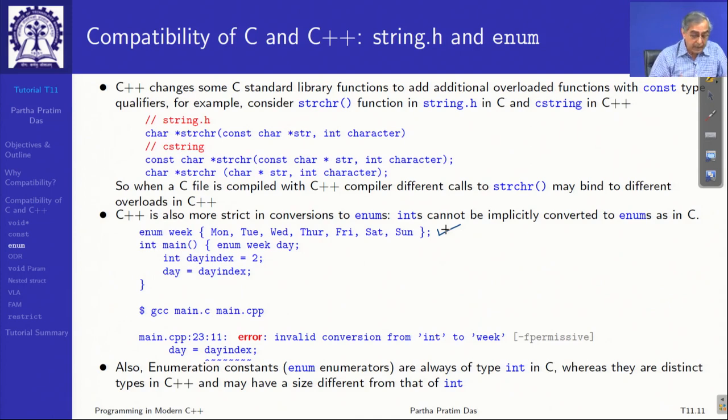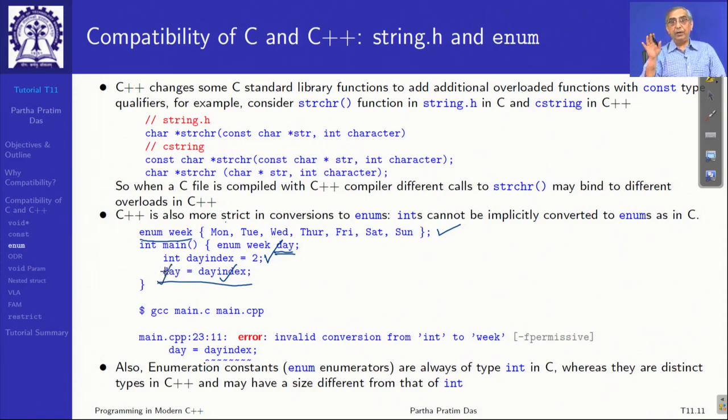I can say that day is a variable of type enum week, which means it has these 7 possible values. Then I define an integer which is 2 and I make this assignment. So, this side is an integer and this side is an enum.